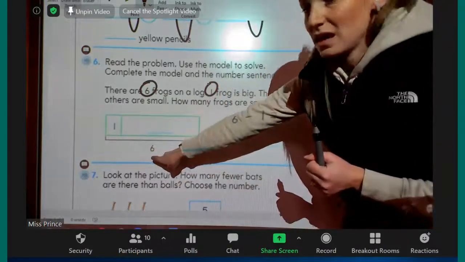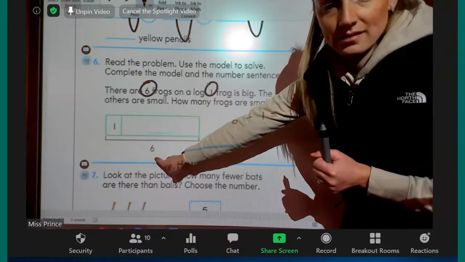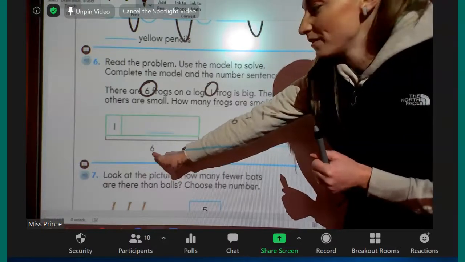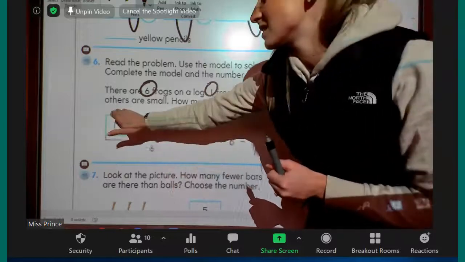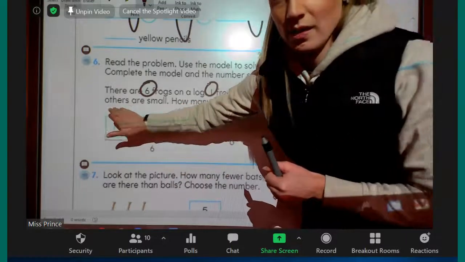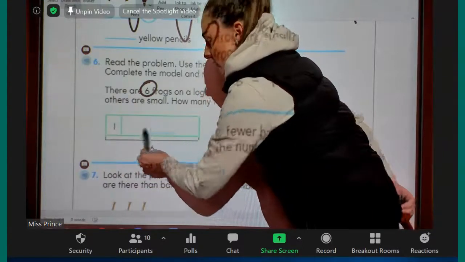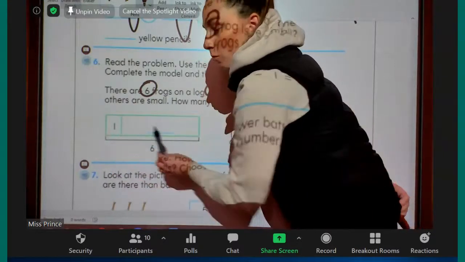So we have how many all together, Kaya? We have 6 all together, so that means we need to get 6 circles up here. We already know this number, but this one's a mystery. So how many circles do we put above the 1?